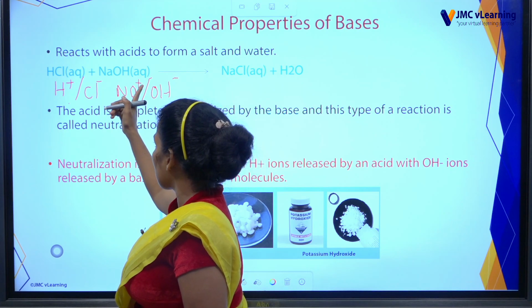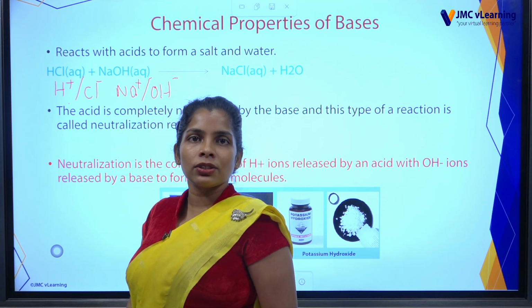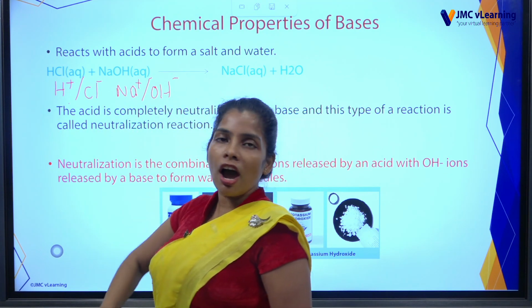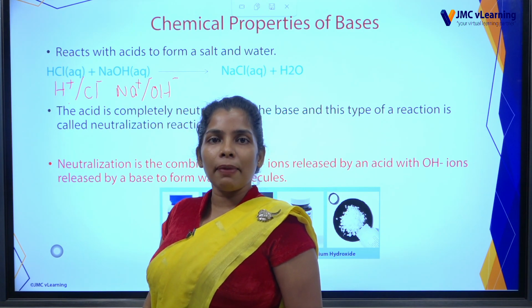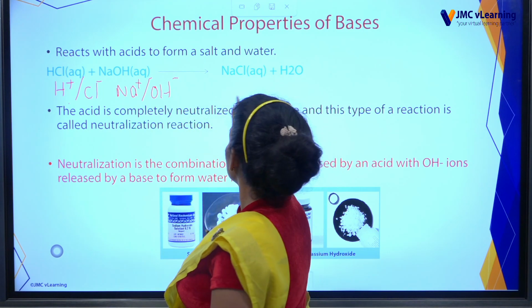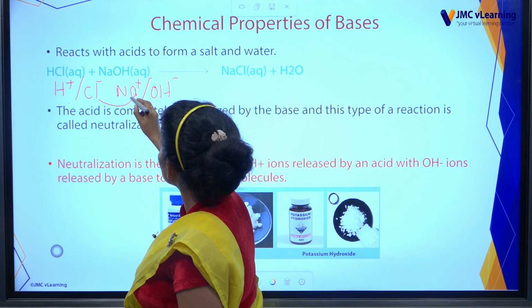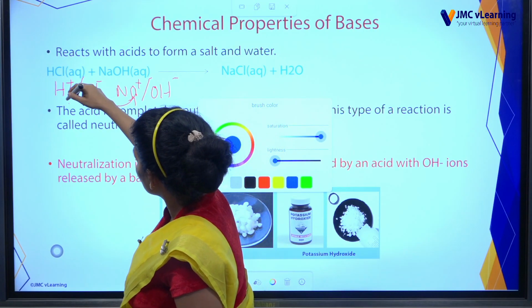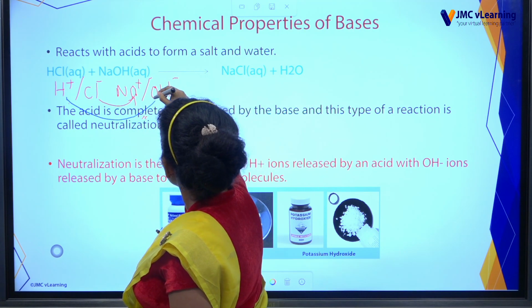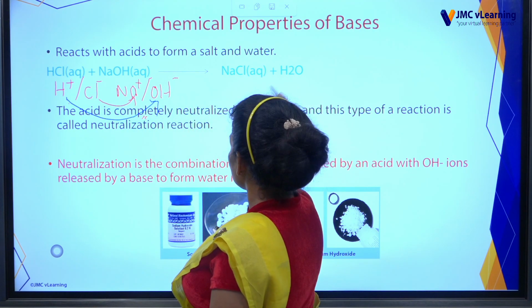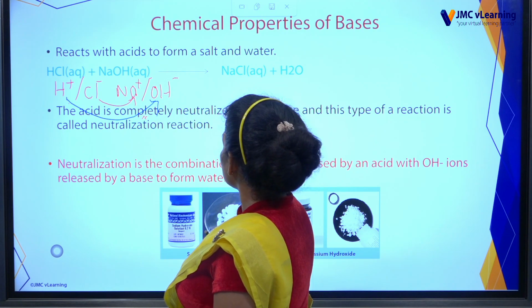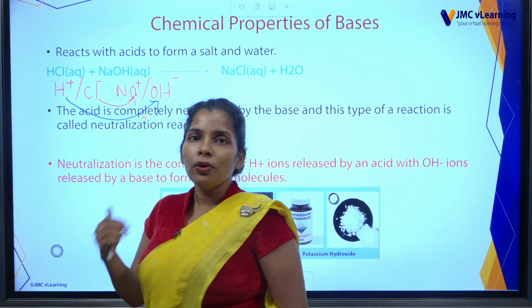Next one, Na+ and Cl-, what is it? The combination of Na+ and Cl- is sodium chloride. So, you can see this is the equation.